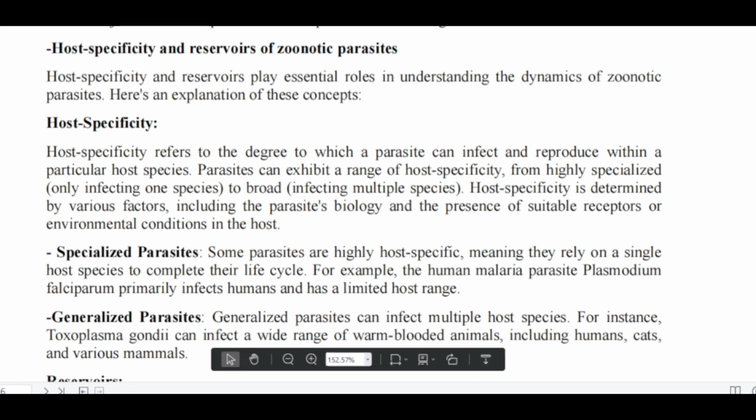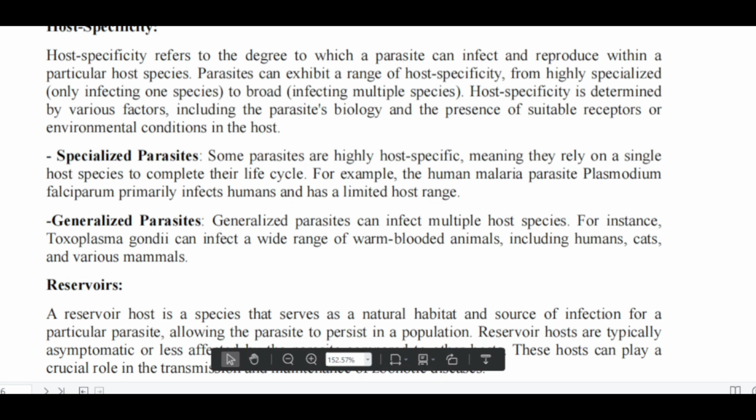Now, specialized parasites are parasites that are highly specific, meaning they rely on a single species to complete their life cycle. For instance, the malaria parasite Plasmodium falciparum primarily infects humans and has a limited host range.